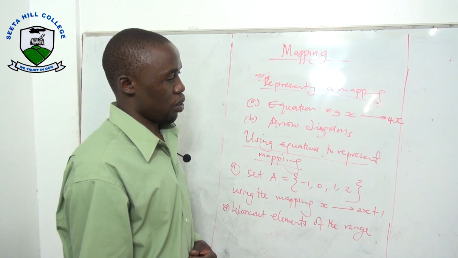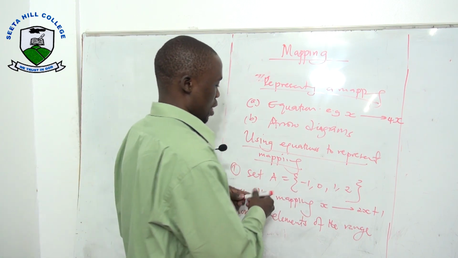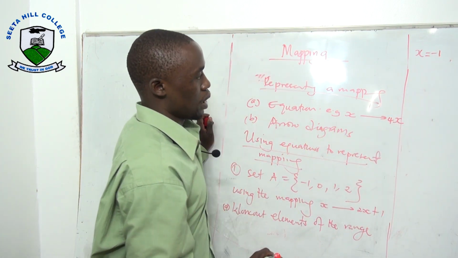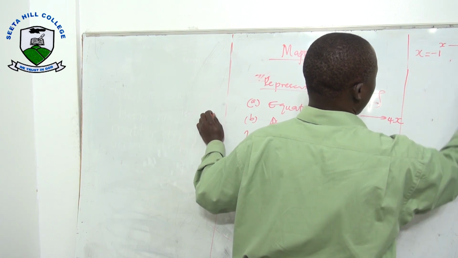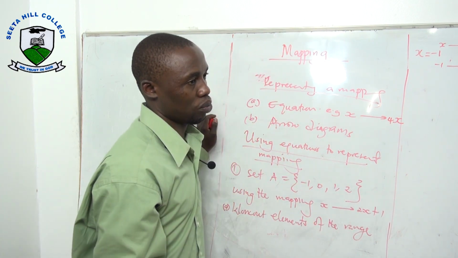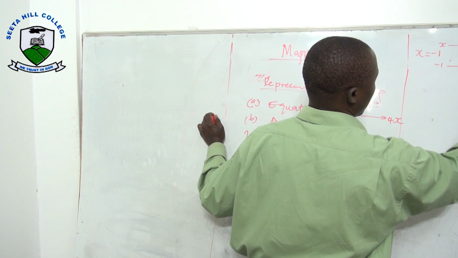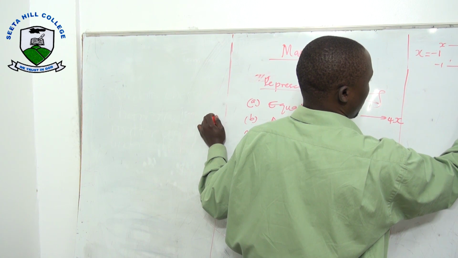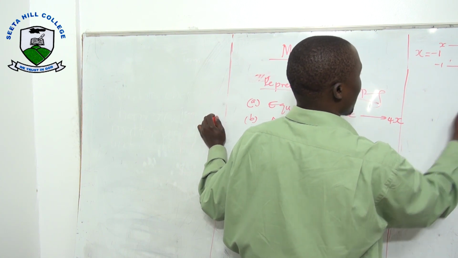Now if we are to work out, the first x value is negative 1. Our mapping is simple: x goes to 2x plus 1. Therefore negative 1 will go to 2 times negative 1 plus 1, which is negative 2 plus 1, giving us negative 1.